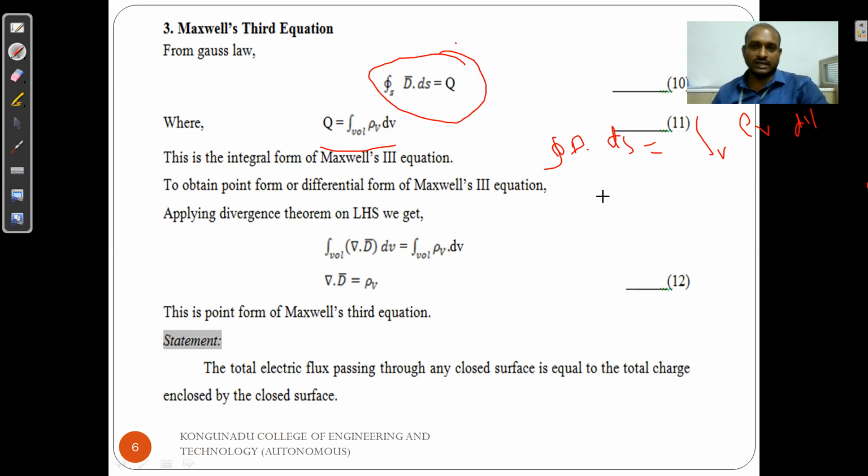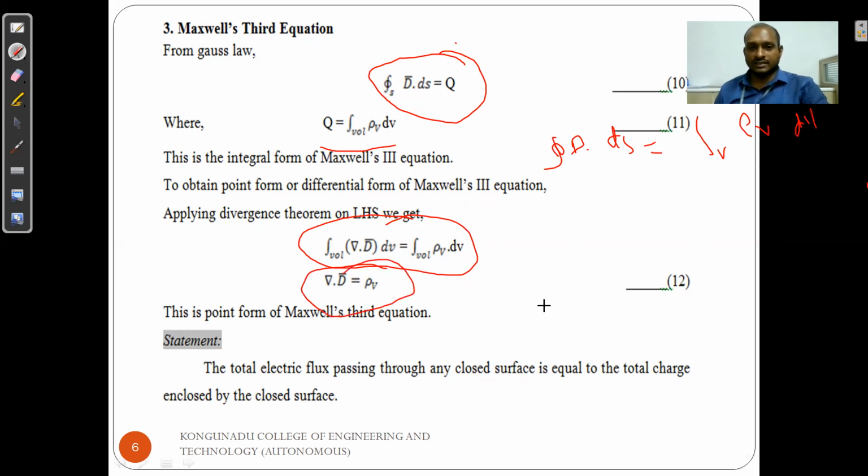If you want the differential form, we apply the divergence theorem. So volume integral del dot D dv is equal to volume integral rho v dv. Removing the integration terms, finally we get del dot D is equal to rho v. This is the point form of Maxwell equation 3.